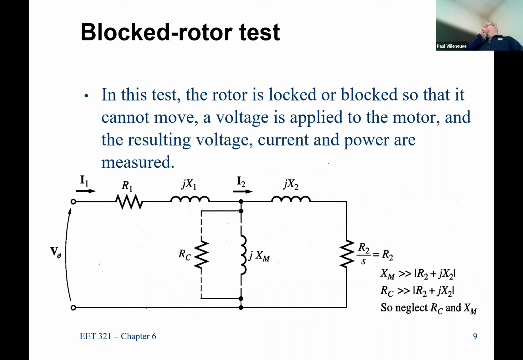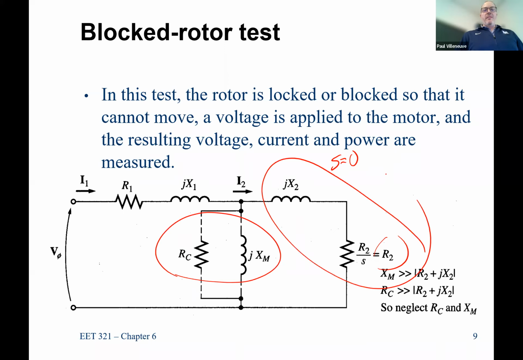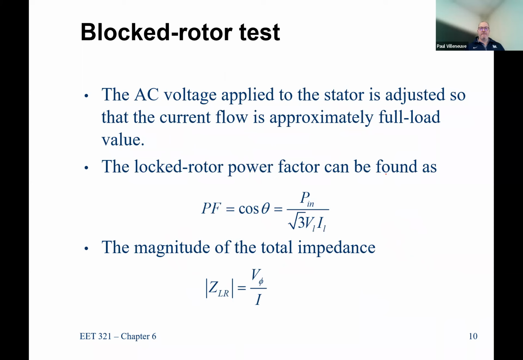So let's do the blocked rotor condition, or the lock rotor test. At this point, my slip is going to be equal to 0. So this term becomes R2. These terms are going to be so much greater than the combination of those two that I can throw them in the trash.